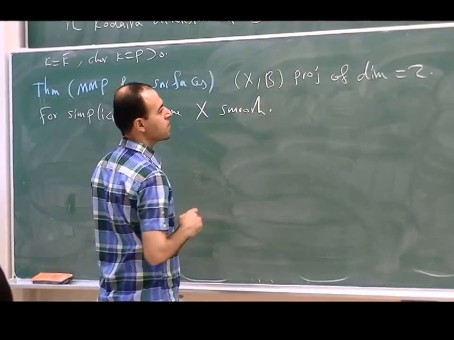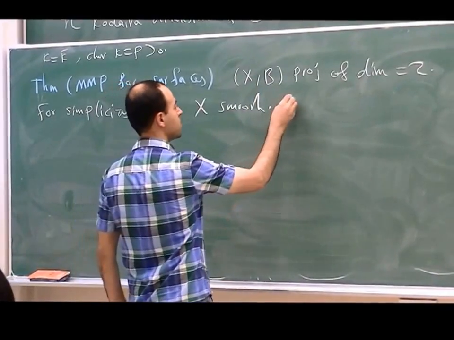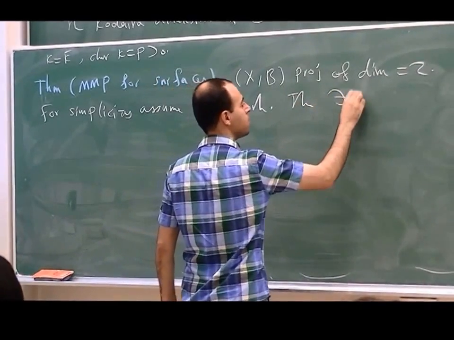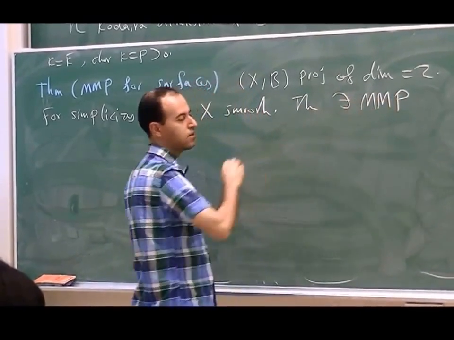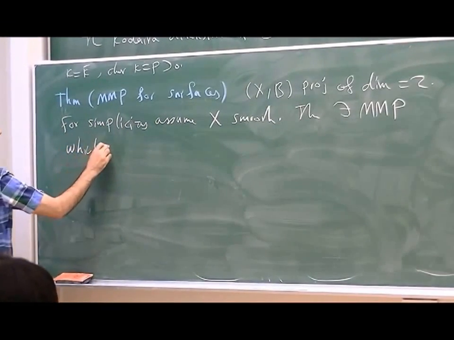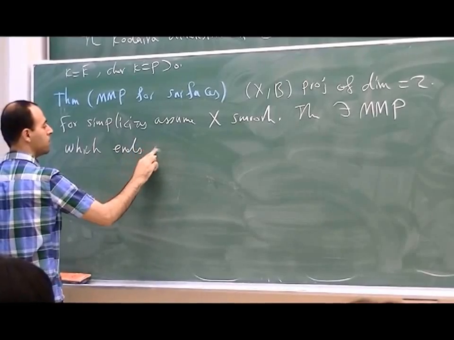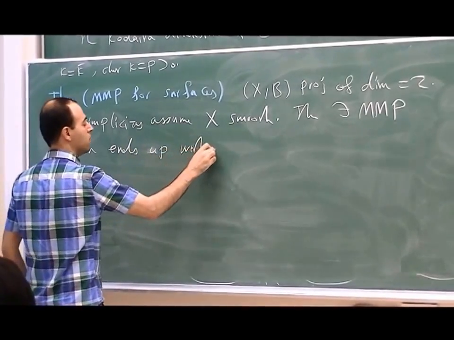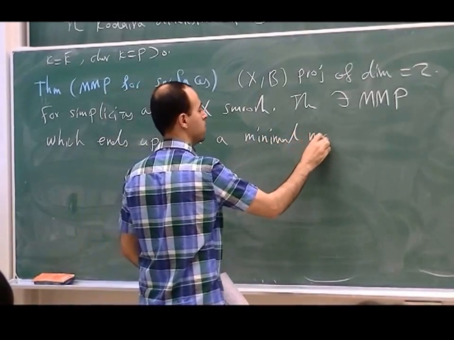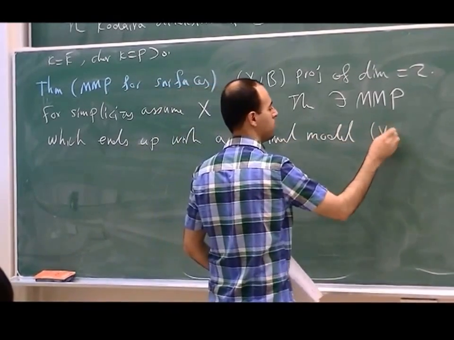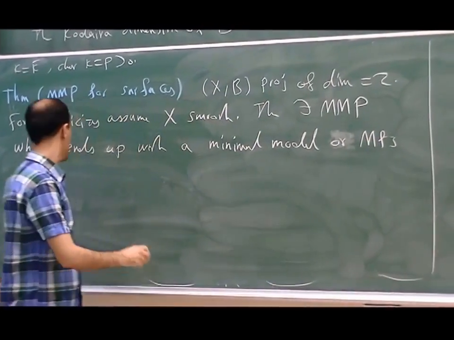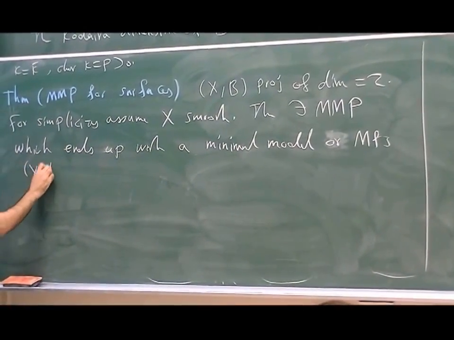So suppose that we have this kind of pair, and then the theorem says that there is a minimal model program, and this will be clear during the proof, which ends up with a minimal model or a Mori fiber space, which I will denote by (Y, B_Y).